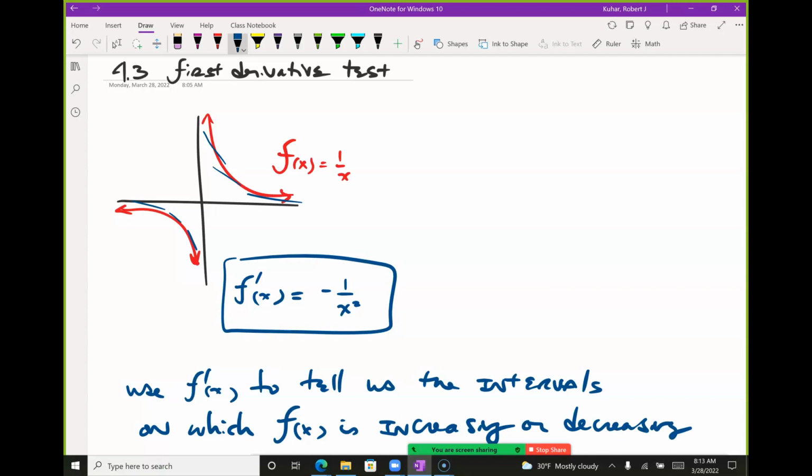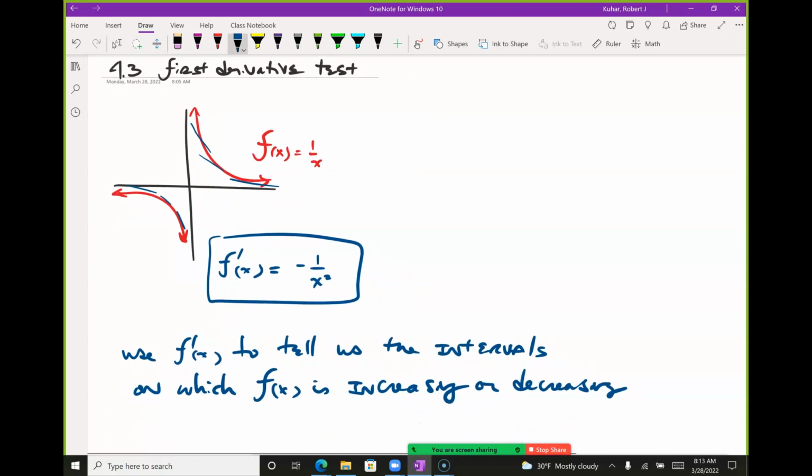And we'll always use open intervals. I don't want to just consider the endpoint to be increasing or decreasing. So I always want open intervals.